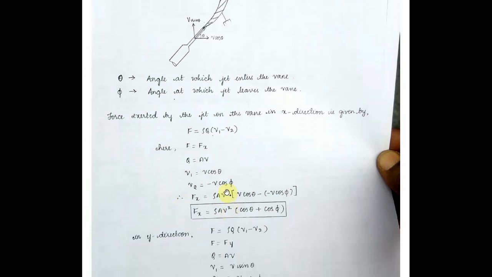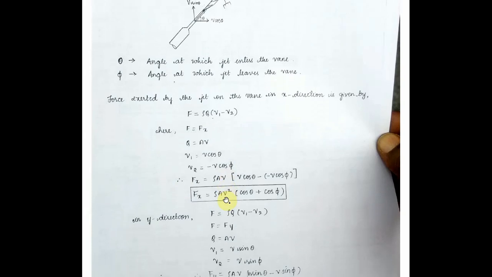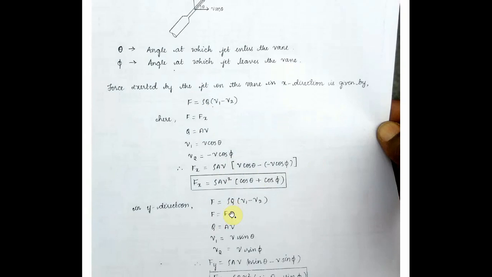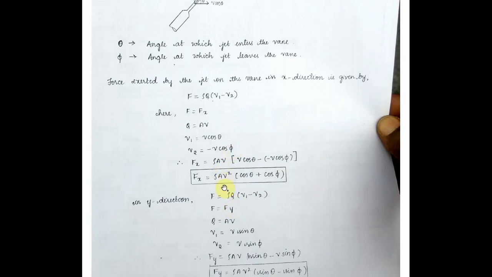Therefore Fx equals rho a v (v cos theta − (−v cos phi)). Putting these values in this equation, the force in the x direction is rho into a into v square into cos theta.